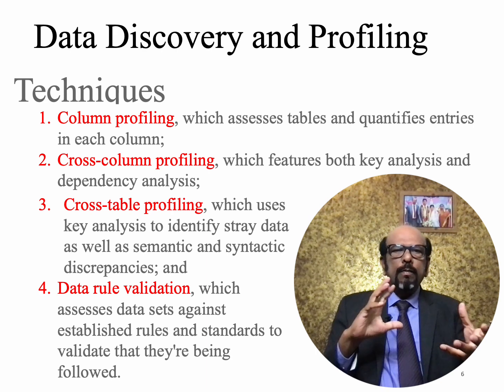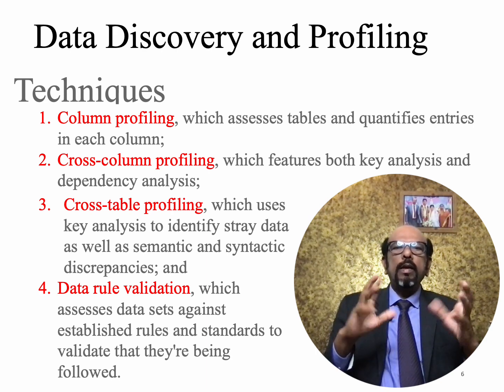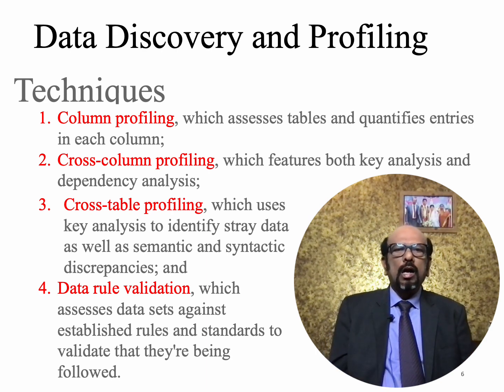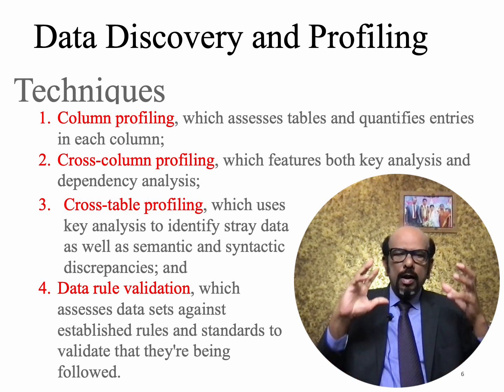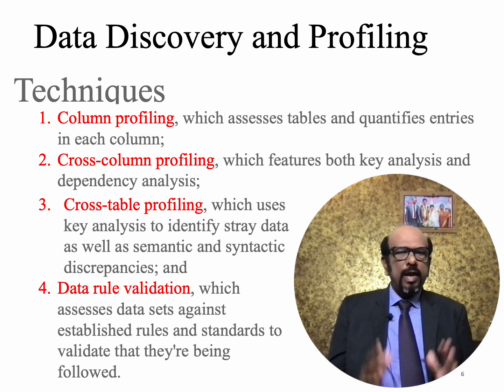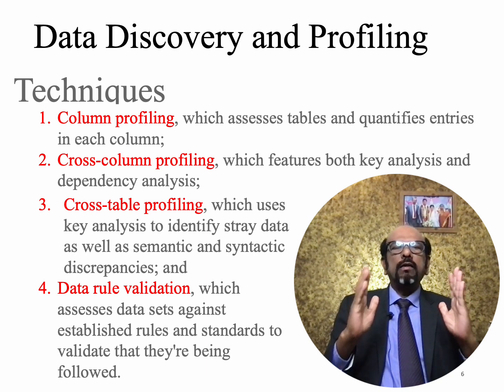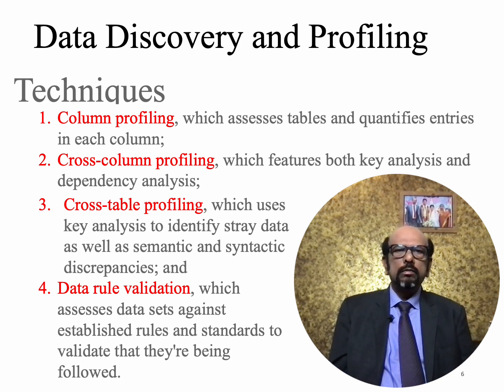So this type of analysis has to be made. That is called cross-column profiling. Cross-column profiling features key analysis. So there are two keys. You analyze and do some dependency analysis to make sure that the data is of high quality.